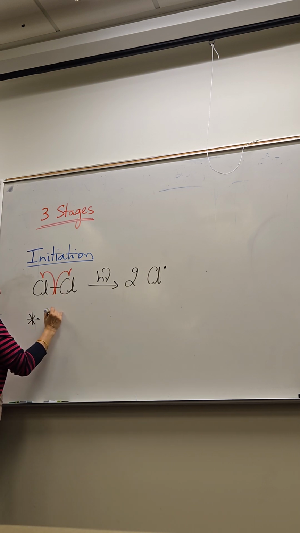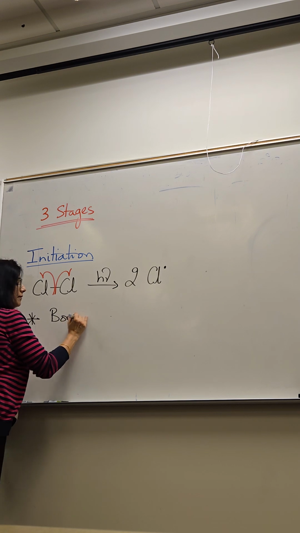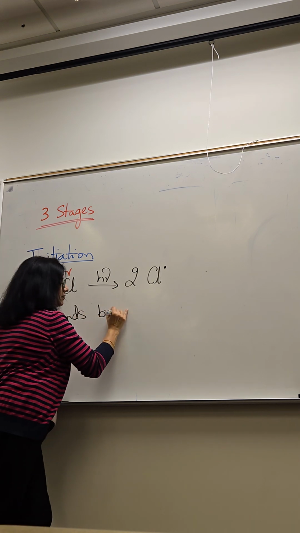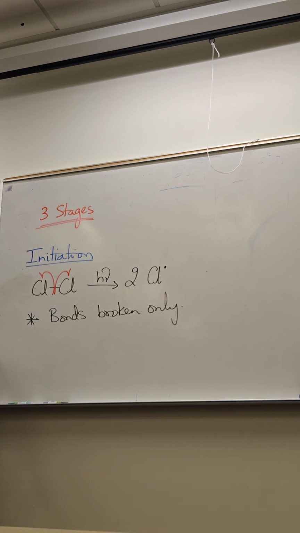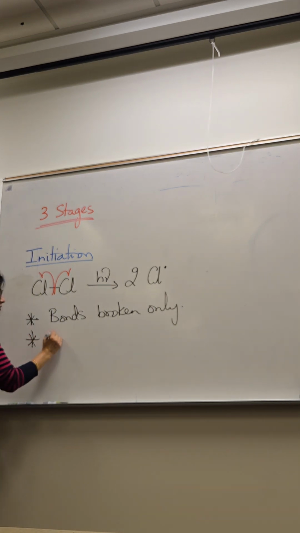In this stage, bonds are only broken, right? And did you say exothermic? Sorry. Are you sure? We're breaking a bond. If we're breaking a bond, does it absorb energy to break the bond, or does it release energy to break the bond?